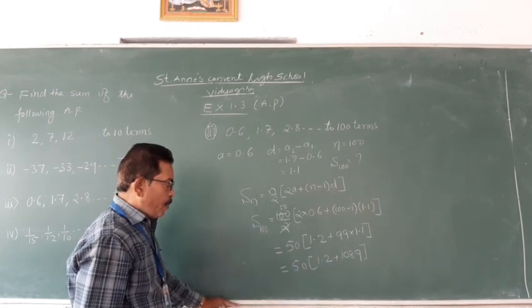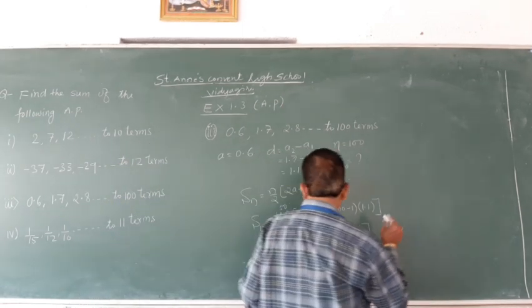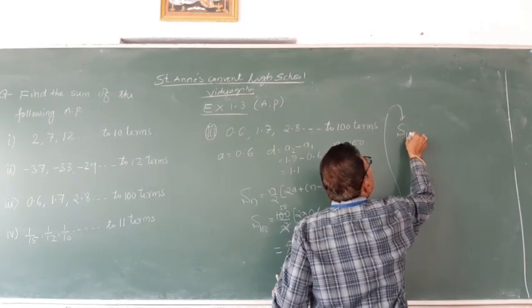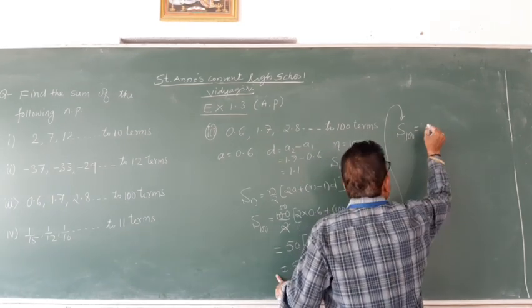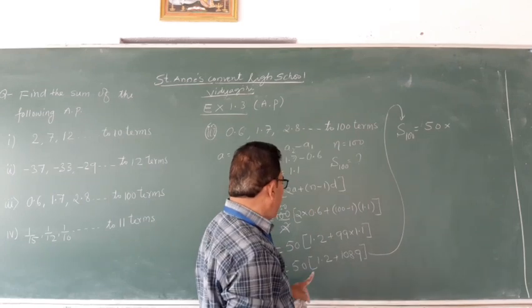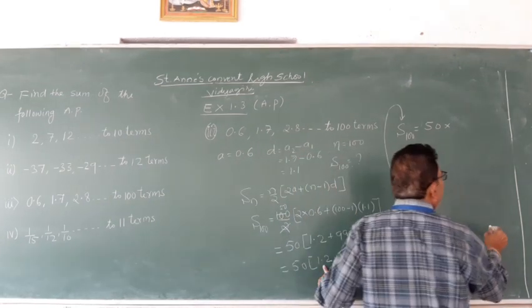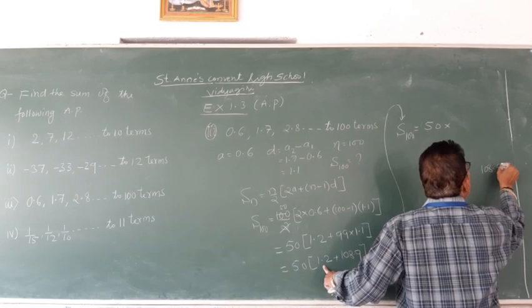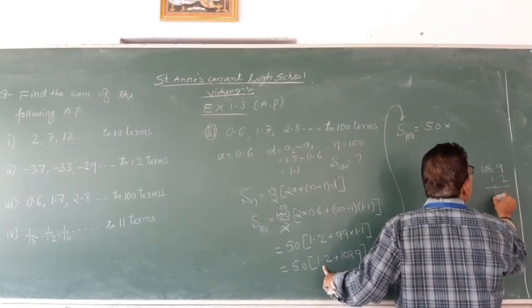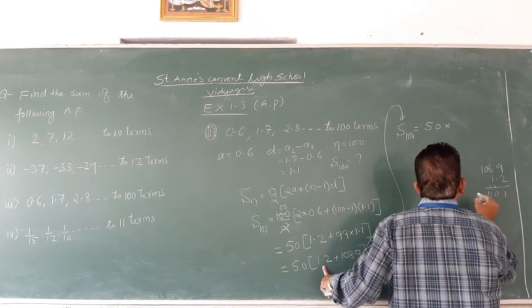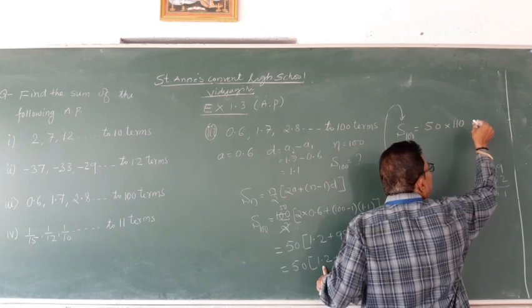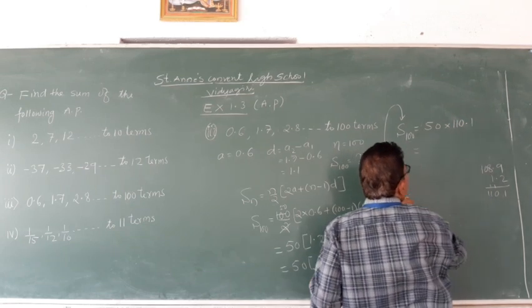50 into 108.9. Now S100 equals 50 into 108.9 plus 1.2, that is 110.1.